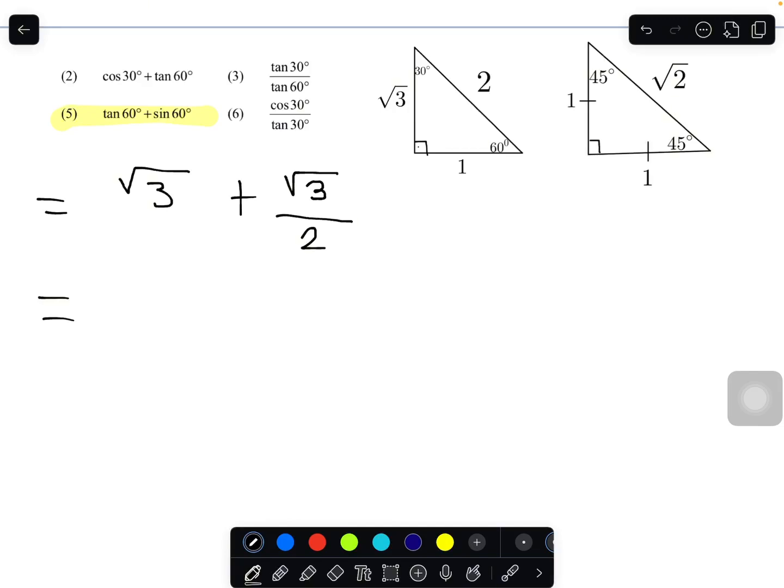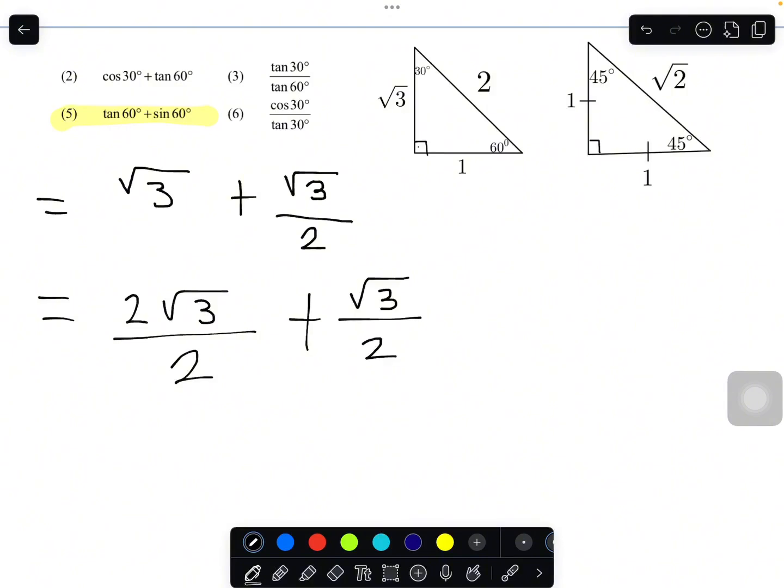Okay, that's correct. So this is then going to be 2 root 3 over 2 plus root 3 over 2, and that will equal 3 root 3 over 2.